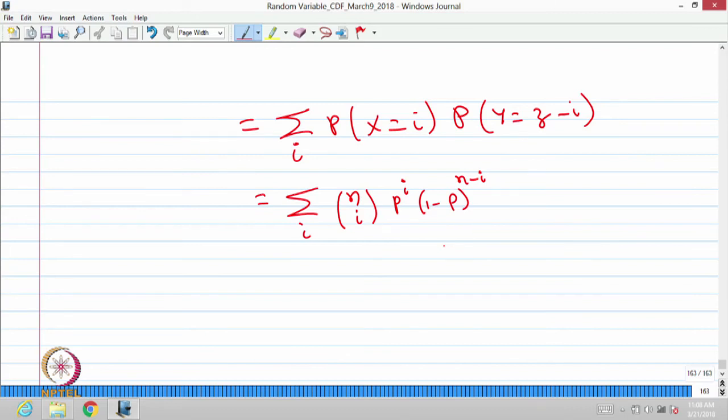This is the probability mass function for a binomial distribution with the parameters n comma p. Similarly, you can write the probability mass function of y, that is nC z minus i, p power z minus i, 1 minus p power n minus z minus i.